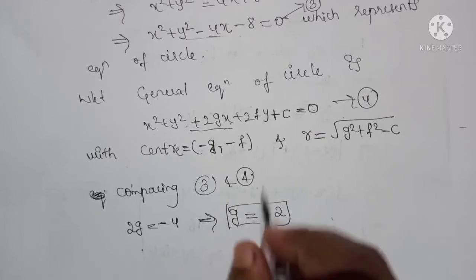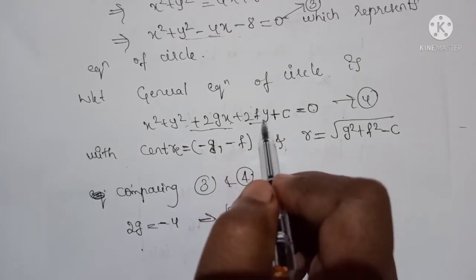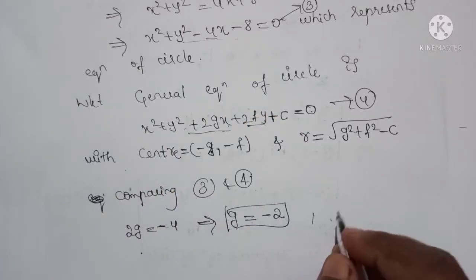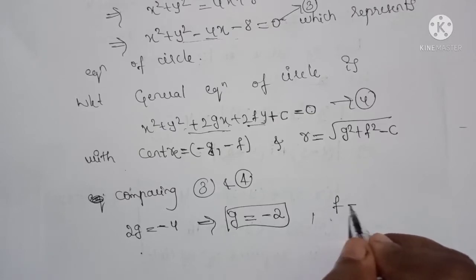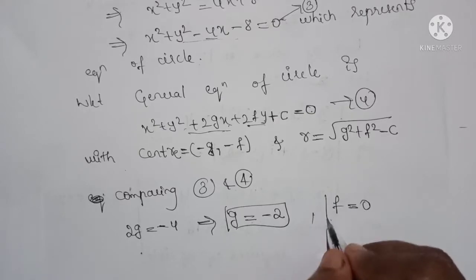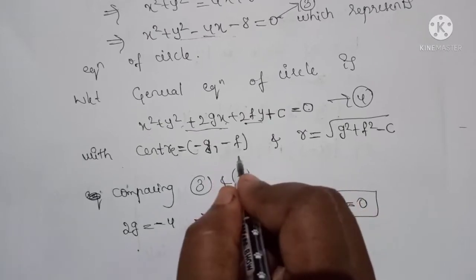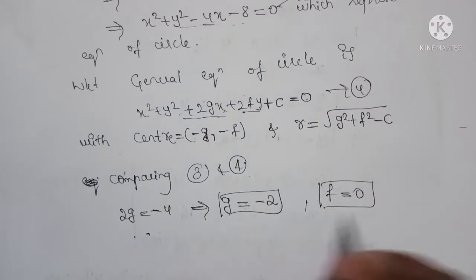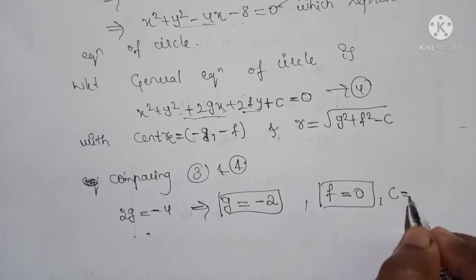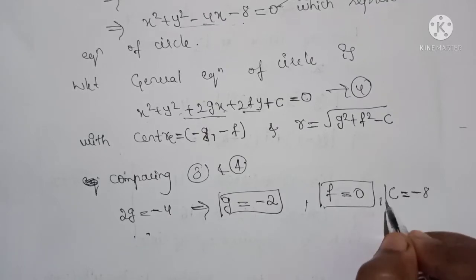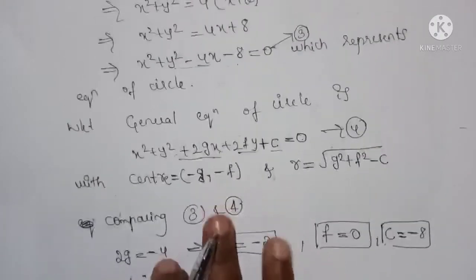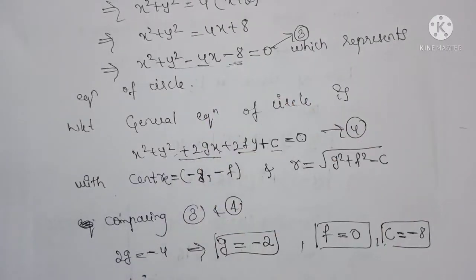Here we don't have any coefficient of y, therefore the coefficient of y, that is 2f, equals 0, or we can say that f is equal to 0. And c is the constant value, so here the constant is minus 8, c is equal to minus 8.